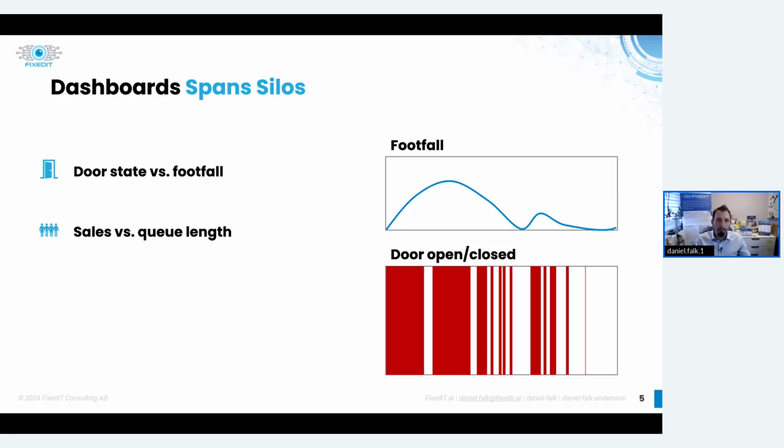So it's two completely different silos that you need to combine to create this valuable dashboard statistics. And another one is, for example, temperature versus room utilization. A room might be allowed to have a higher temperature if people are using it, but if people are not using it, maybe we want to reduce the temperature in the room to save on electricity for heating.